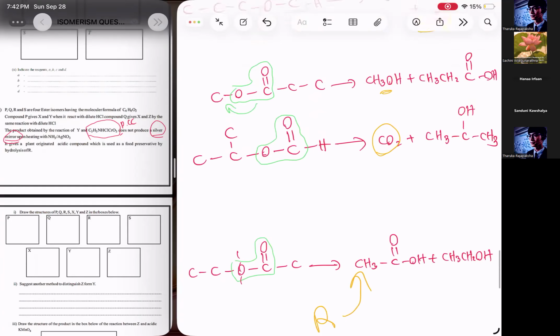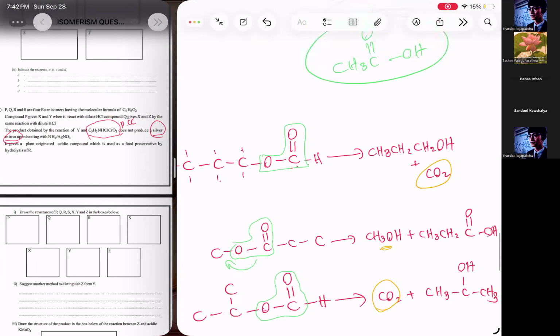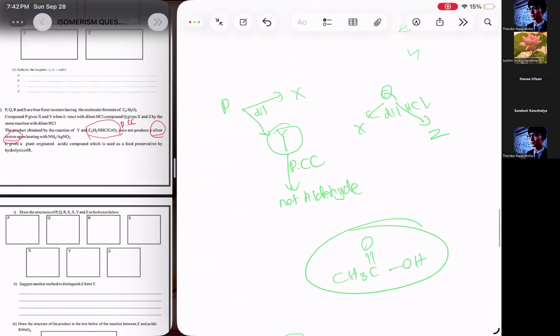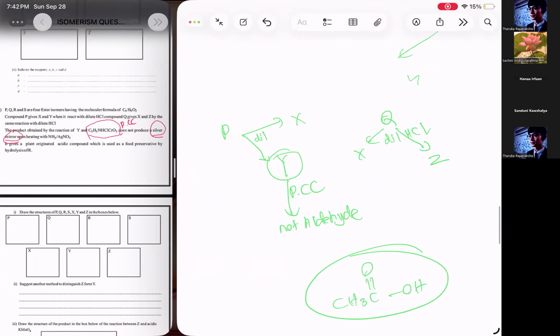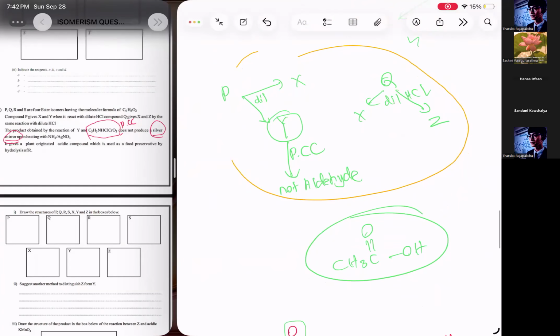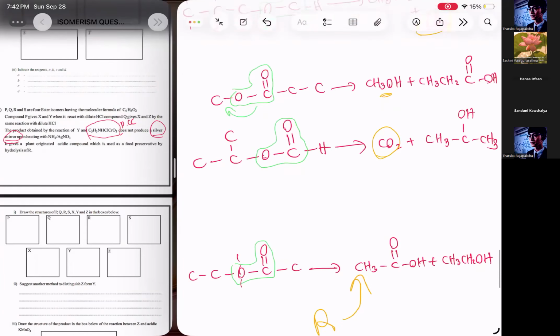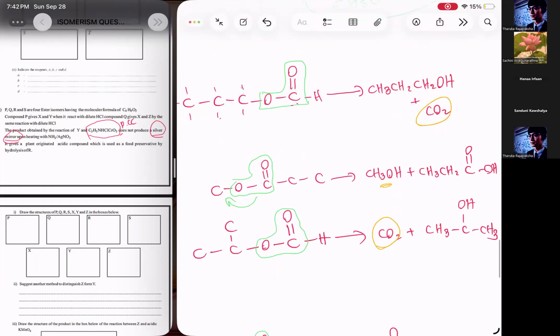So what remains? P, Q and S. P and Q are the ones that dissociate and give X and Y. So these two must be X and Y. They are talking about this one and then this one.